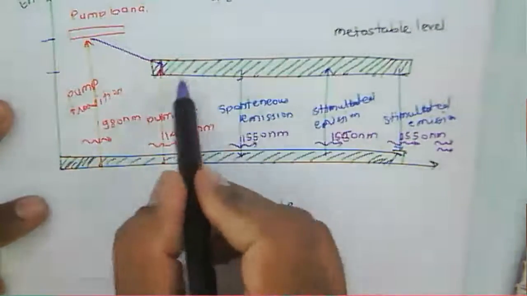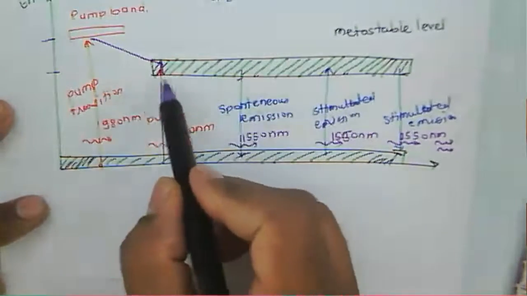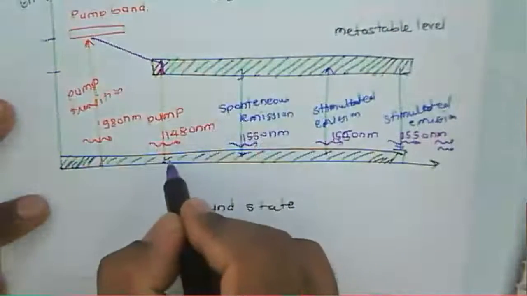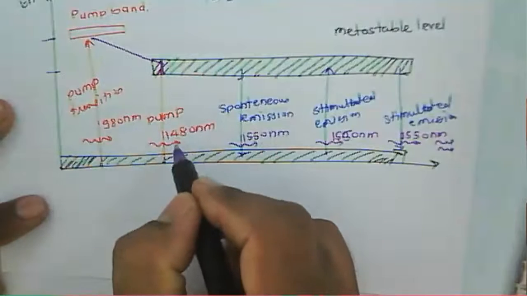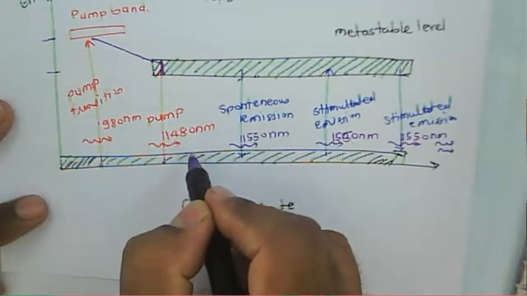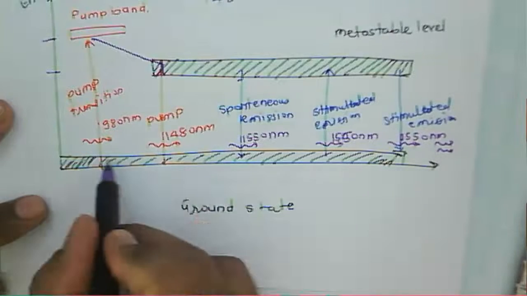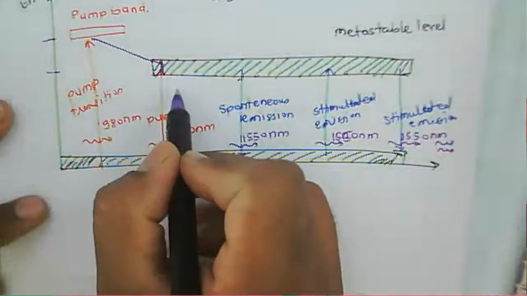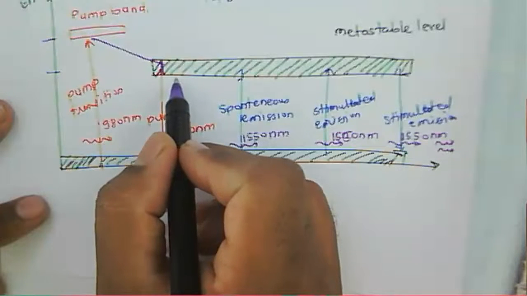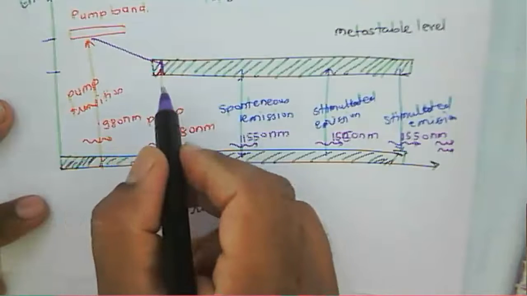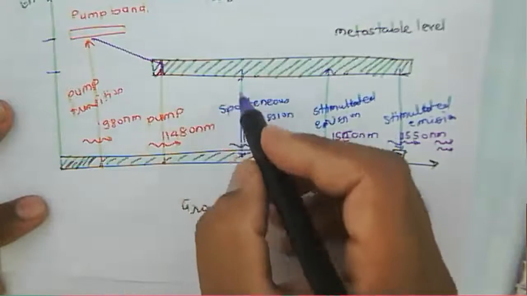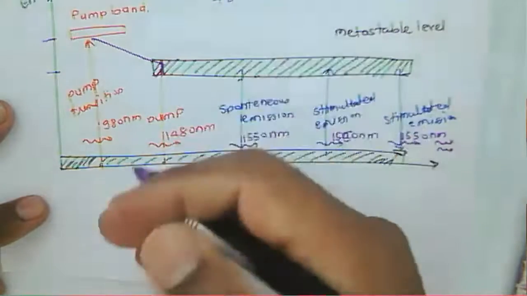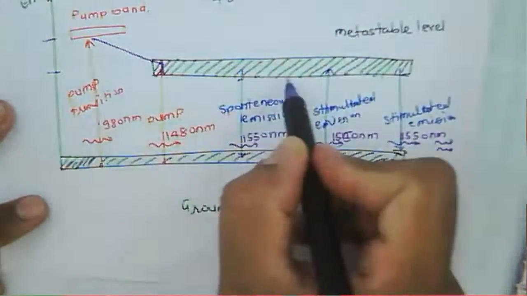Okay, that metastable state is nothing but a populated state because of that pumping at 1480 nanometer. So the erbium ions present at this ground state will be excited to the metastable state, and then this electron will move down again to the lower end of this metastable state.